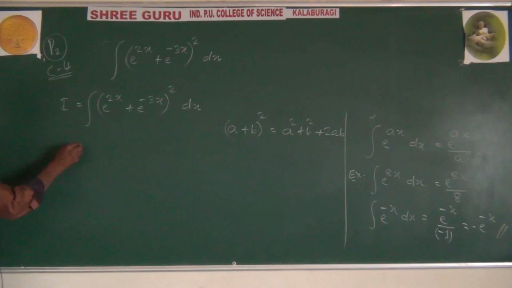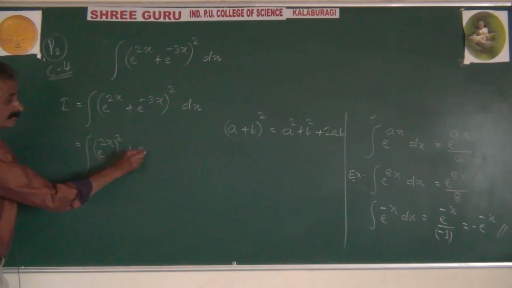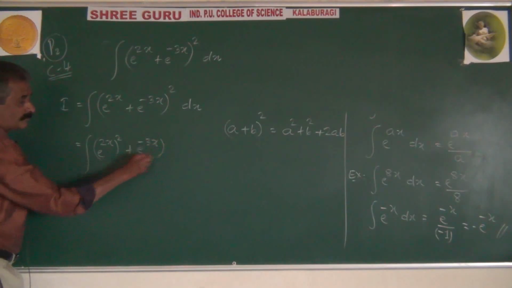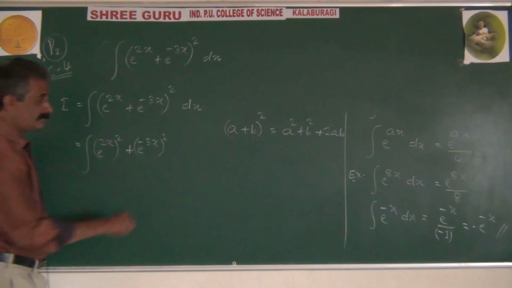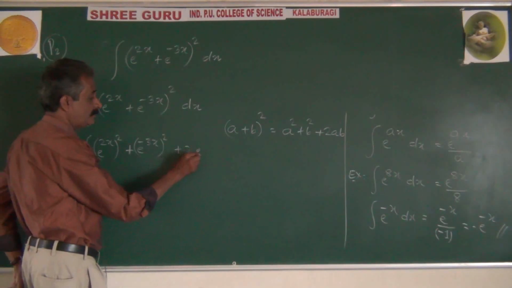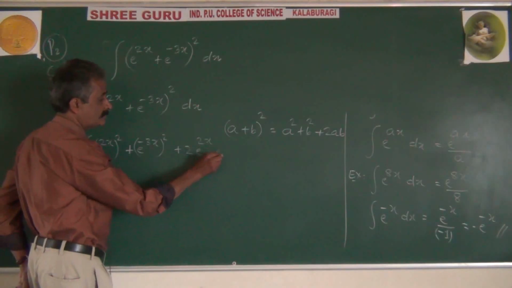Accordingly, it now becomes the integration of (e^(2x)) whole square plus (e^(-3x)) whole square. Then the 2ab term will be 2 into e^(2x) into e^(-3x).